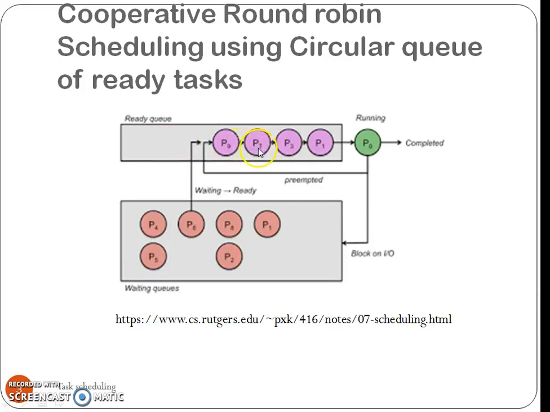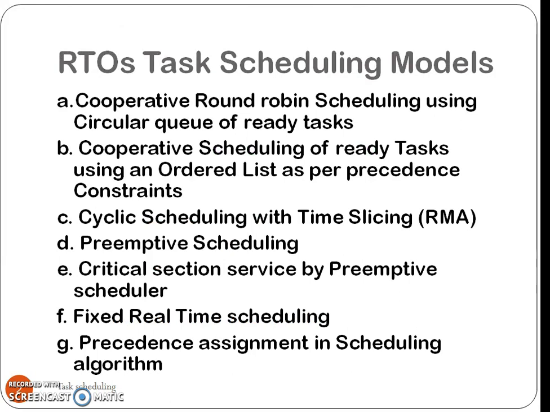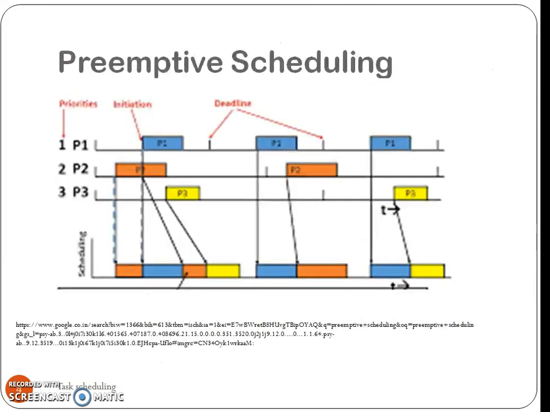So once your priority is assigned, means the highest priority task will be having the first priority to be in the running state. So in this way there is a circular queue, and so it is also a cooperative round robin scheduling using a circular queue of ready task. So this is your first algorithm.